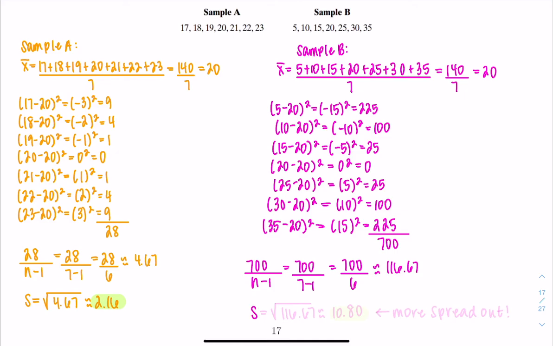And so to find the standard deviation, we just take the square root of 116.67, and that's about 10.80. And because the standard deviation is larger on sample B, that means that sample B is more spread out. So the bigger the standard deviation, the more spread out the data is.